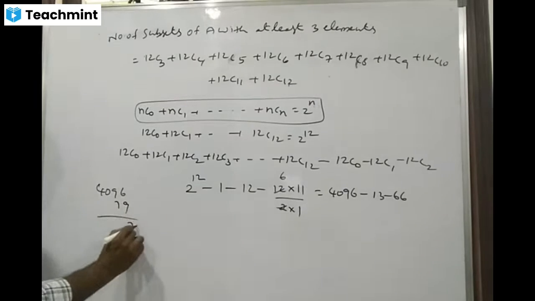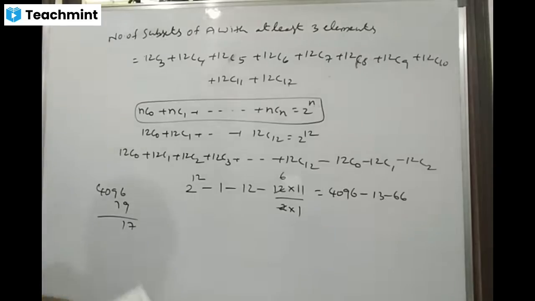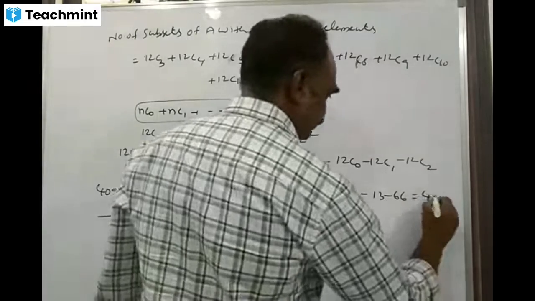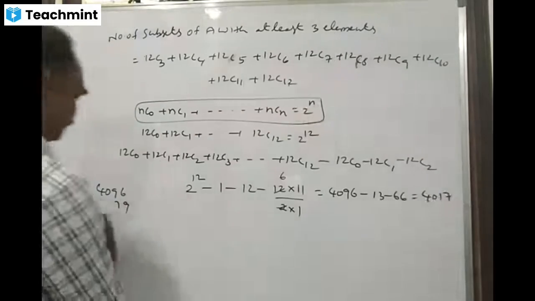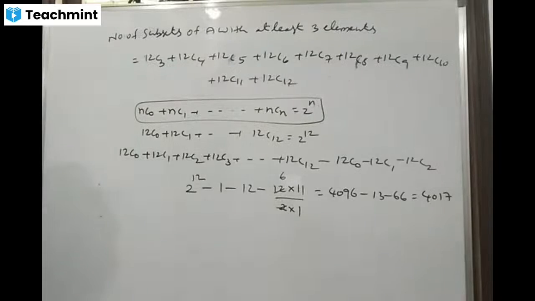So 4096 minus 79 is 4017. So the answer is 4017. This is the second problem.